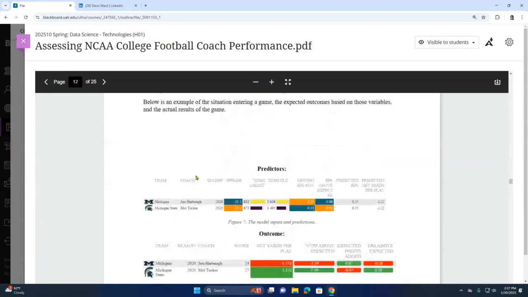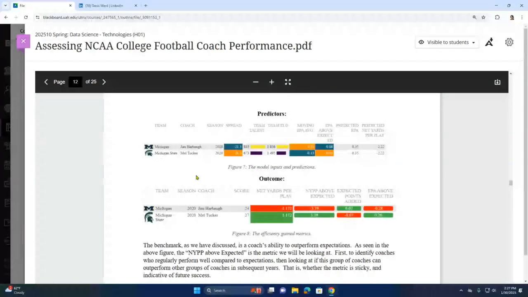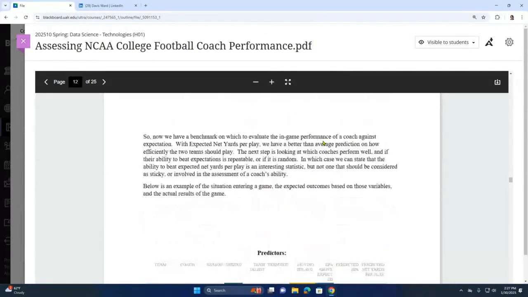So what Davis essentially did is he got his spreadsheet, and using his spreadsheet, he had his actual data, and he wanted to come up with a model that would basically help him make a prediction of what was expected.